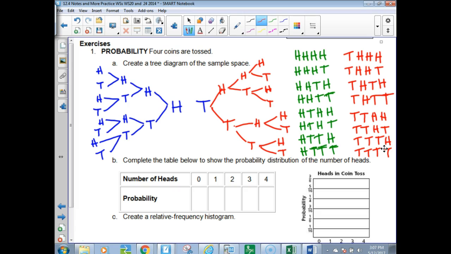Okay, your last one should be all tails. Everybody got their sample space?